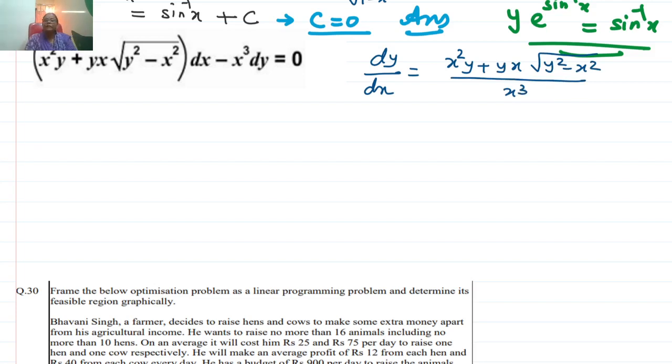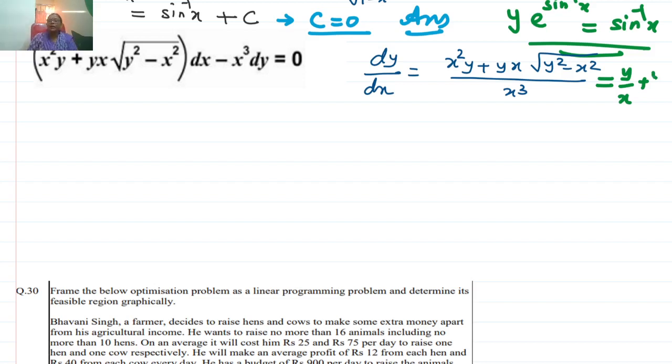Now, after you are able to rewrite it, check whether through some manipulation you are able to convert it to the form of y on x. When I separate this expression, you'll find that this is y on x plus, now, here it's y square minus x square. So this x square has to be taken out. When it comes out, it becomes x, and that x and this x make it x square divided by x cube, which gives us x.